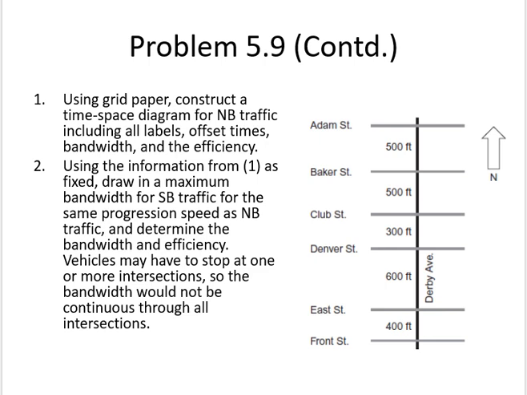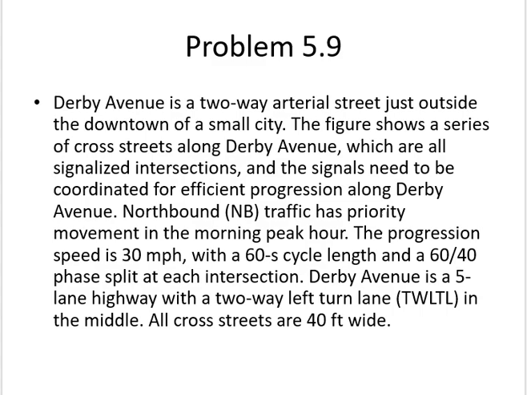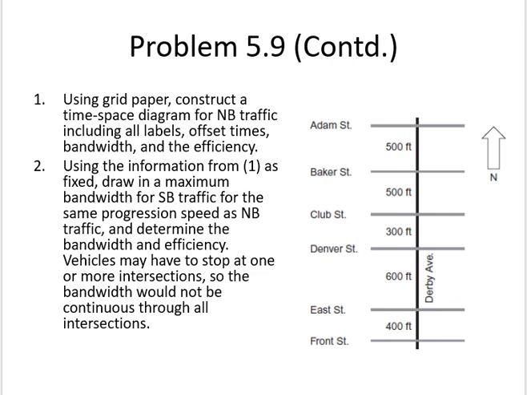The speed of the vehicles on this highway is found to be 30 miles per hour. The cycle length is 60 seconds, and then we have a phase split of 60-40, meaning the main highway will have 60% of the cycle length, and the minor street will have 40% of the cycle length.